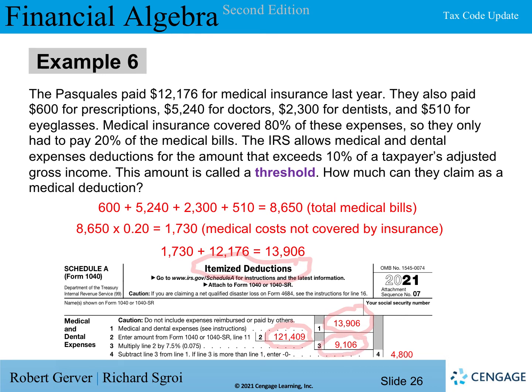We subtract that from the $13,906, and their allowable deduction for medical is $4,800. So you can see we have a percentage of their gross income, and any amount in excess of that percentage is the amount they can deduct for medical.